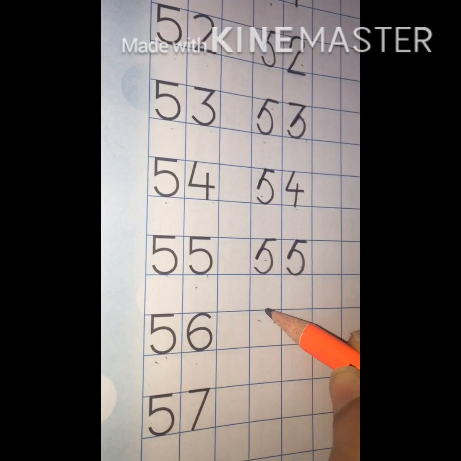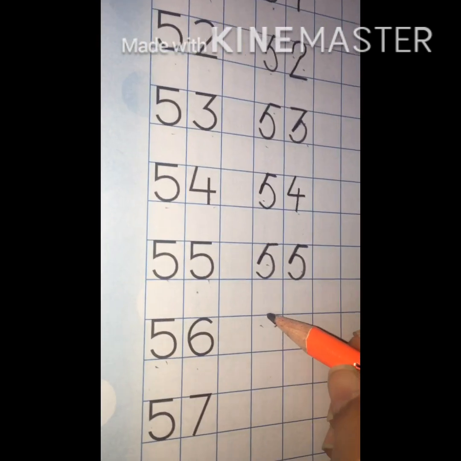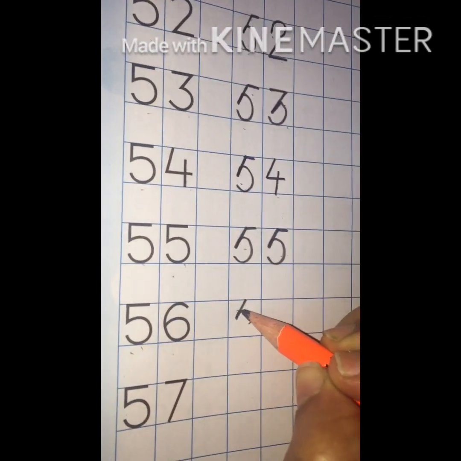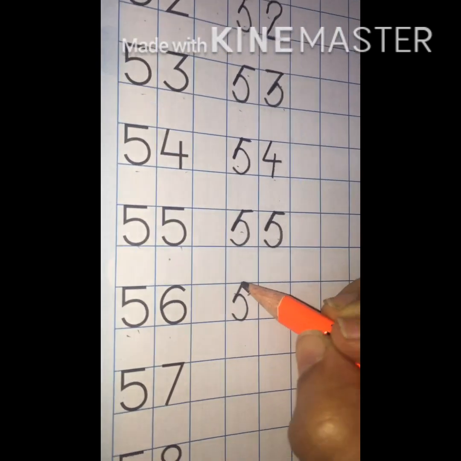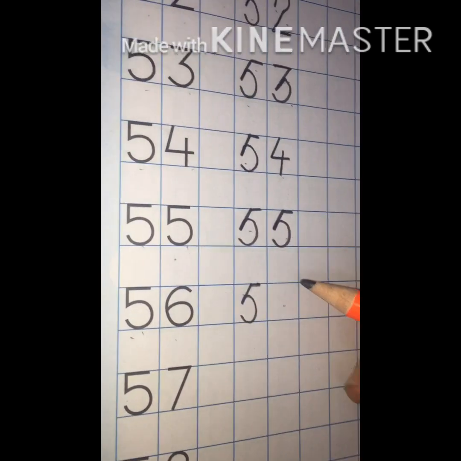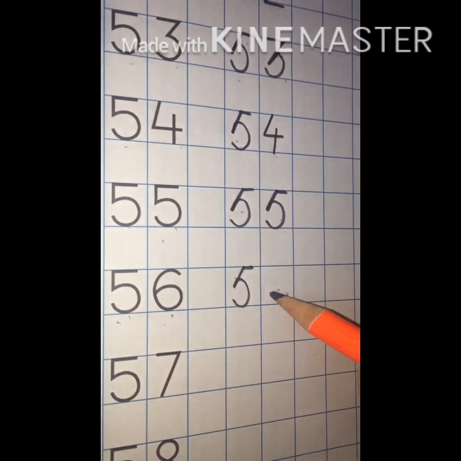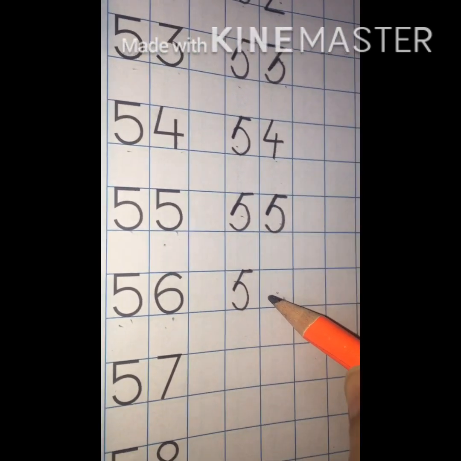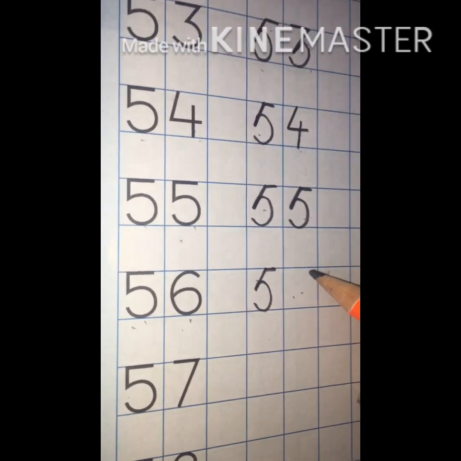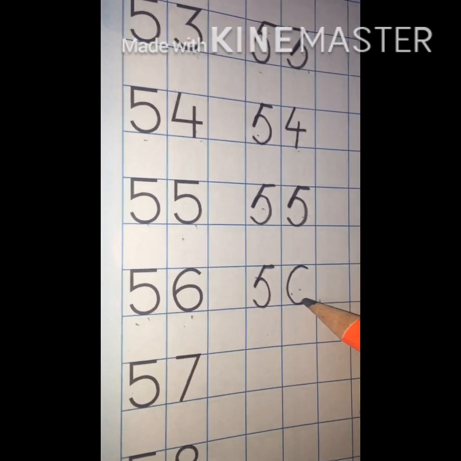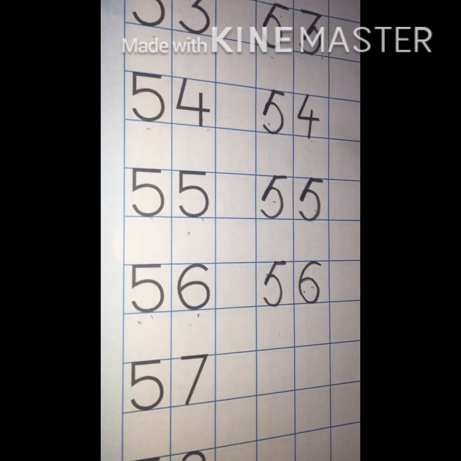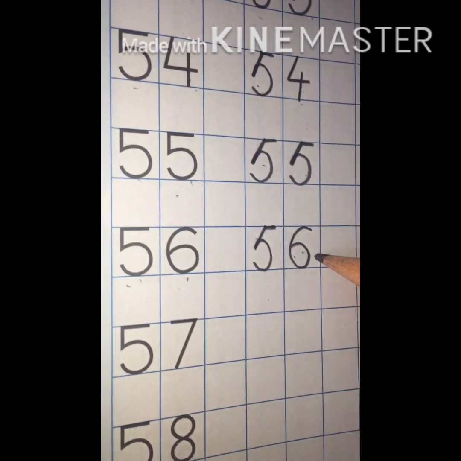And 50 is related to which number? 5. So, 5 will come under tens position. Under T. And which number are we speaking at the last? 6. So, it will come under O. Like this.